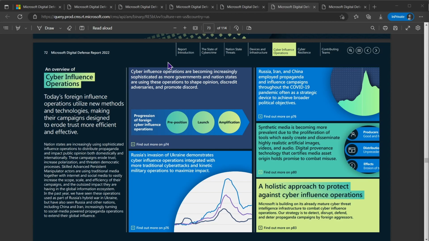Now, there's a large number of sightings in the report mentioning how the current war in Europe demonstrates cyber influence operations in many ways, including ways in which information has been spread outwards from specific countries that targeted misinformation to people speaking that foreign language, English in this case, whilst that same nation was actually having different messages for their internal population in their native language.